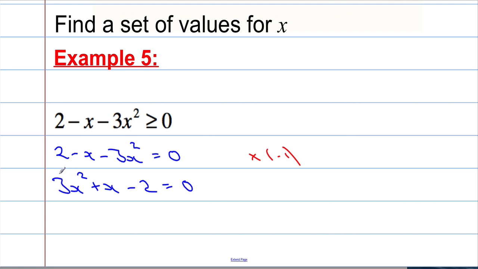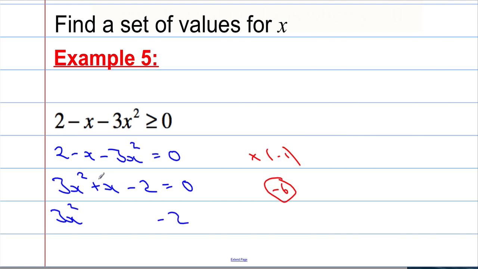Now I'm going to factorize here. This is how I do it. 3 times negative 2 is negative 6. So I need two numbers that multiply to give negative 6 but add to give positive 1. Leave the 3x squared and the negative 2.